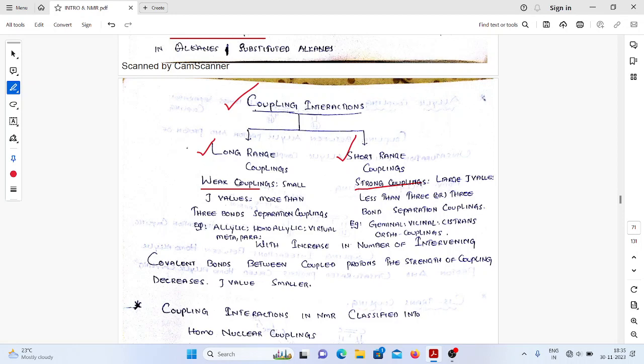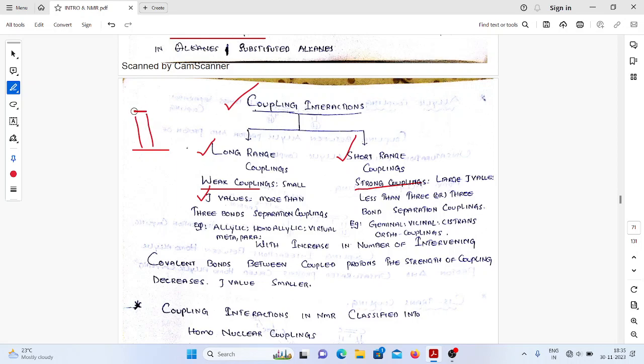So in each and every kind of coupling we are observing, a coupling constant. Remember that the coupling must be possible between non-equivalent sets of protons, then only signal splitting takes place. We will observe the coupling constant. Coupling constant means what? Whatever signal is subjected to the splitting pattern, because of that you will get different lines.